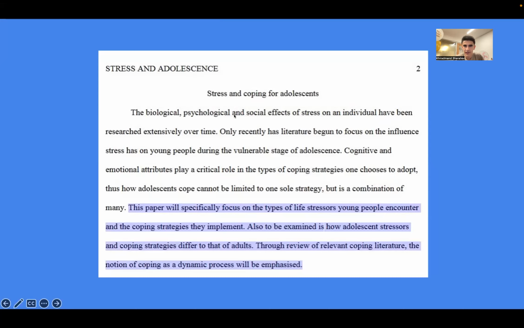Prediction. Okay, or purpose, or in other words, the focus of the research, right? So here we have an explanation of the thesis focus. What we can expect, right? Prediction. What can we expect from the literature review?